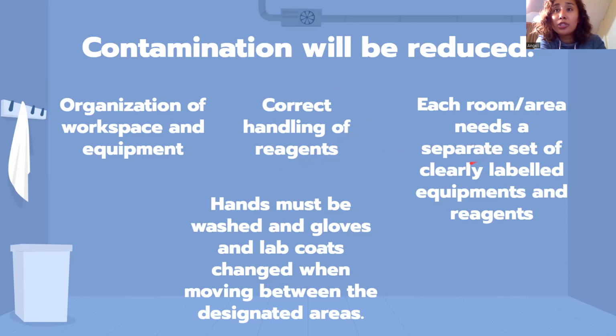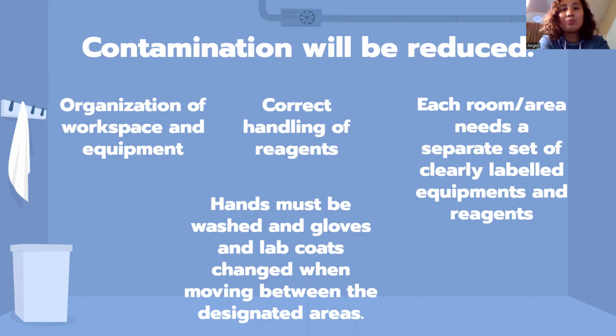Each room or area needs to be separated with walls, and each room has dedicated equipment. If the pipettes are only in the pre-PCR room, they stay there. So there should be a separate room and separate equipment, with pipettes for every room, and they should not be moved to other areas.